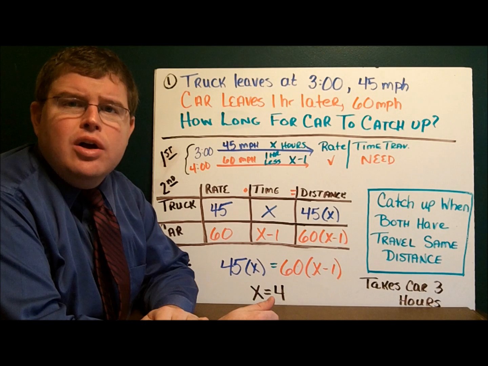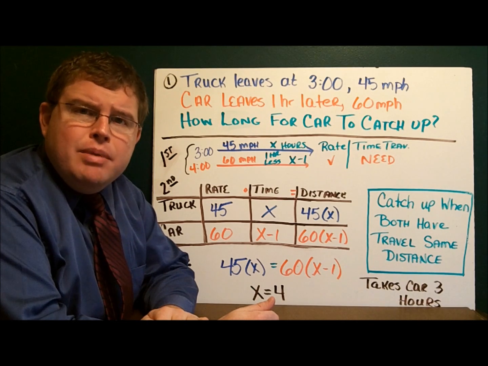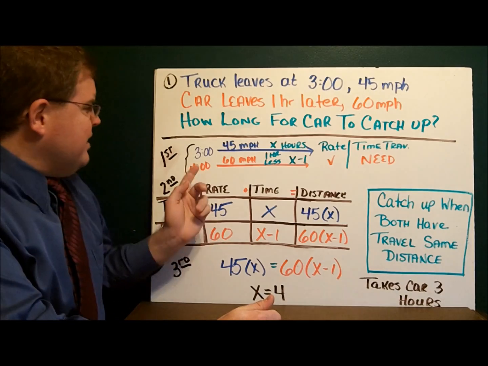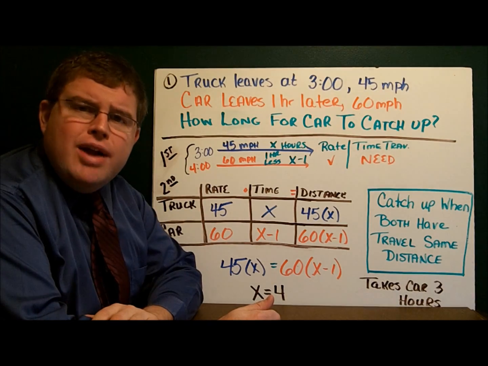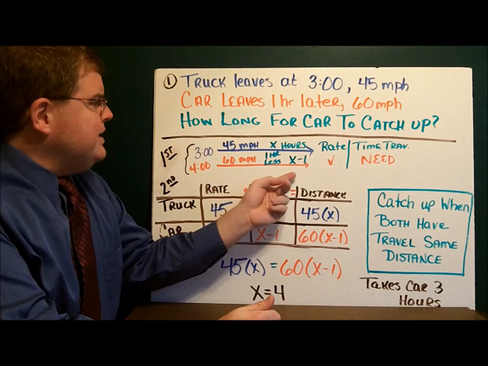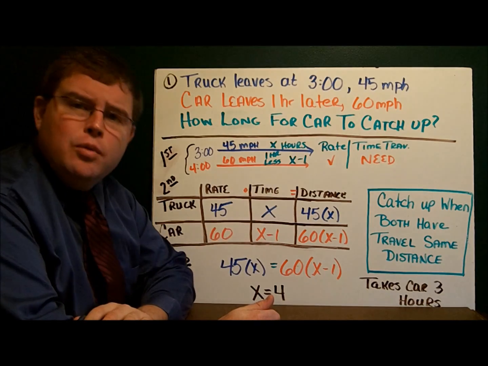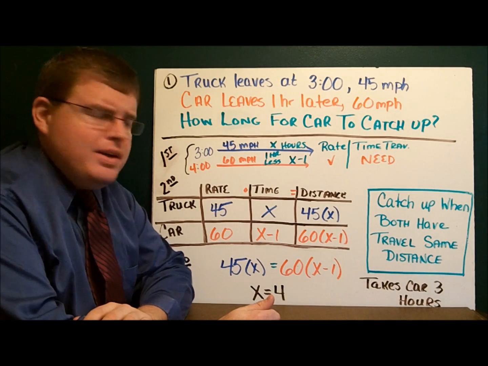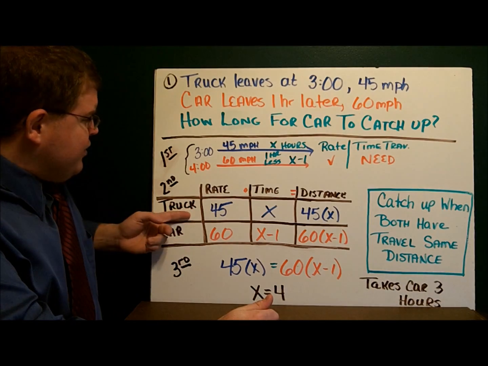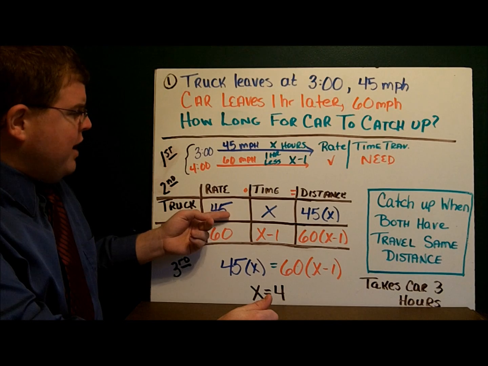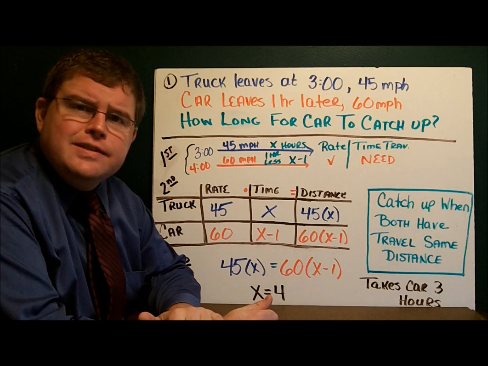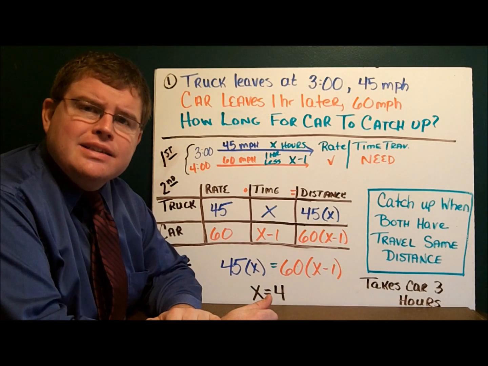Now, we don't know how long it traveled either, but it did travel one less hour than the truck because it left an hour later. So it traveled an hour less, which means it traveled for X minus 1 hours. Now we can use that information to fill out the table. So we have the truck, 45 miles per hour, X hours, so the distance it travels is 45 times X.